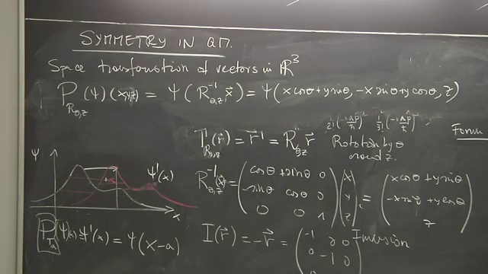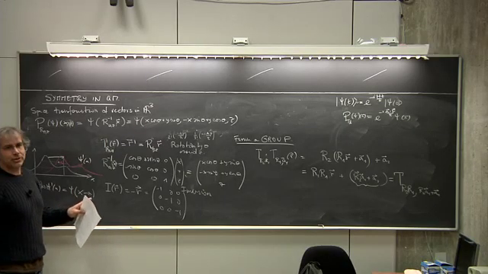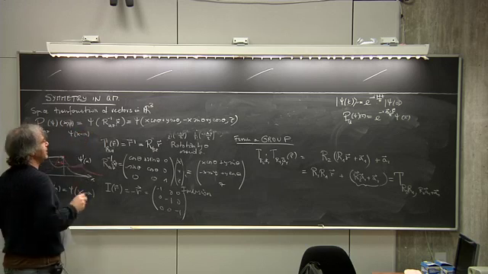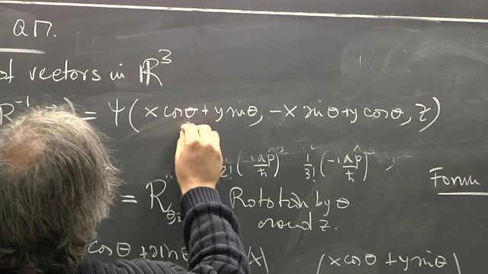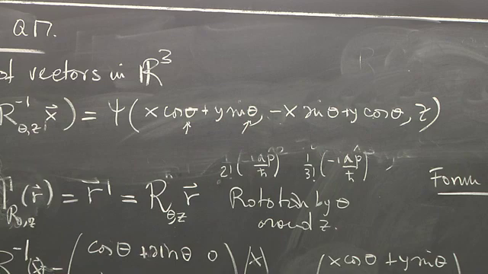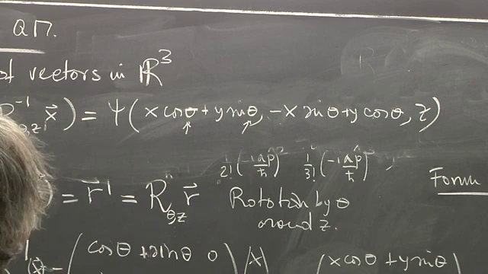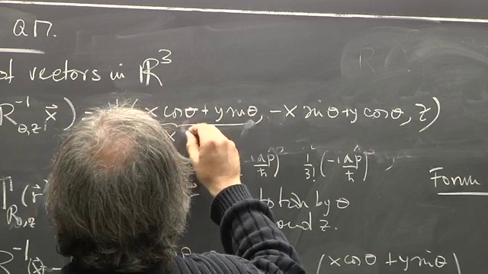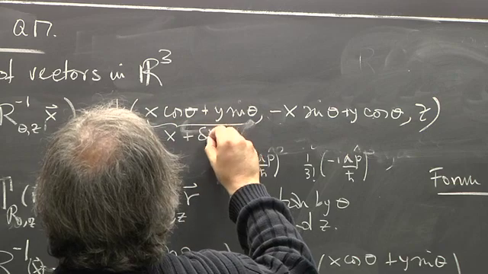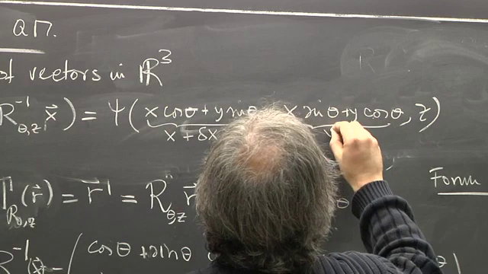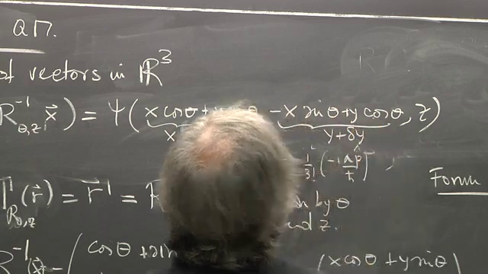Very good. Now, let us try to do what we did for the translation. There, remember, we had psi of x minus a, and we expanded. Now we have a function of theta, and we have to expand this. In fact, let me write this object as x plus some delta x, and this as y plus some delta y.